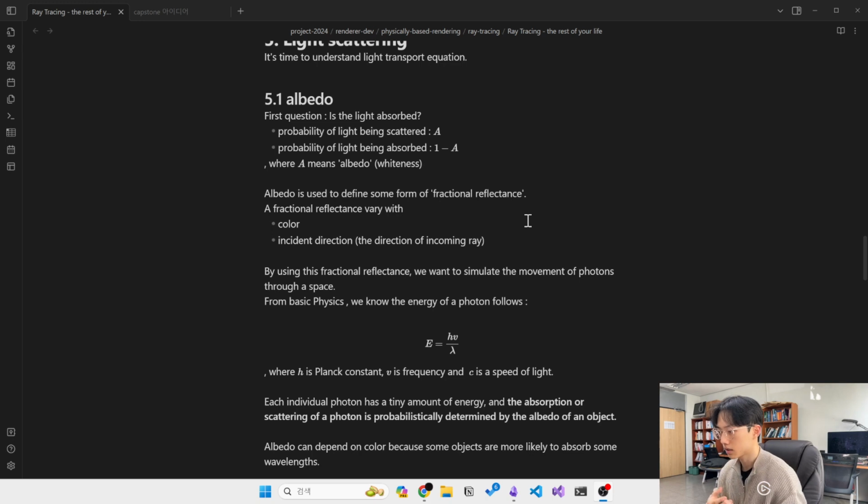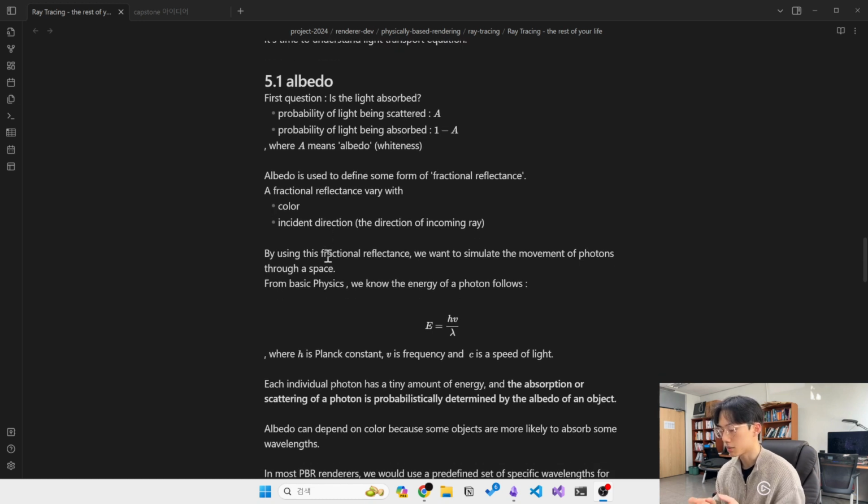The next thing that we have to know is the albedo. The albedo is called whiteness in computer graphics, and it is used to define some form of fractional reflectance. And the fractional reflectance varies with the color and incident direction.